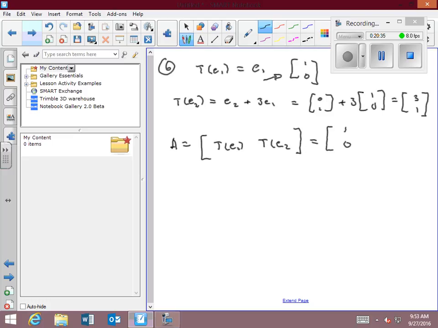And E2's transformation is this over here. So that's your A transformation matrix. Okay, so that's what problem 6 is telling you. Does that make sense? Okay.